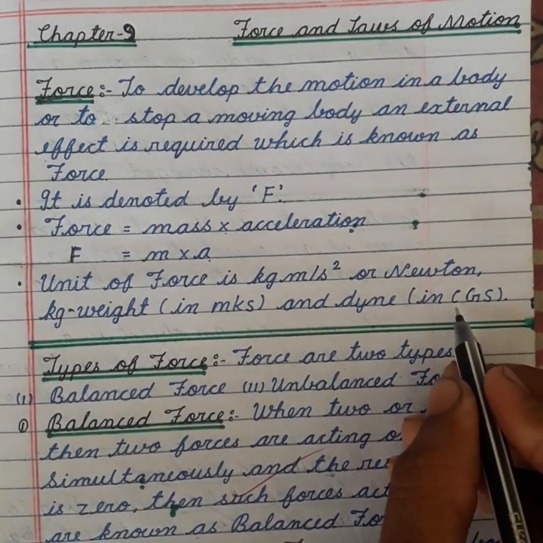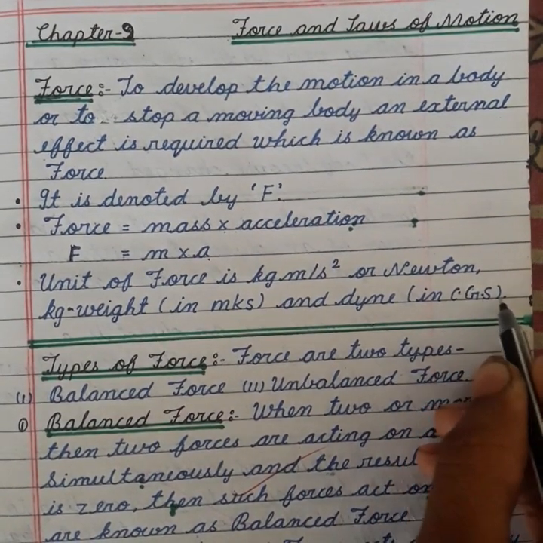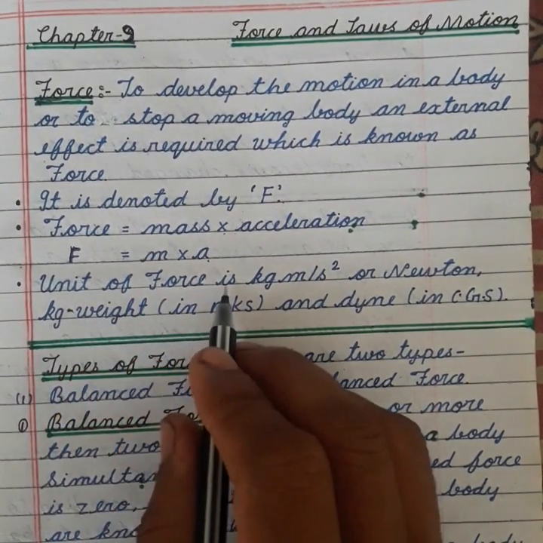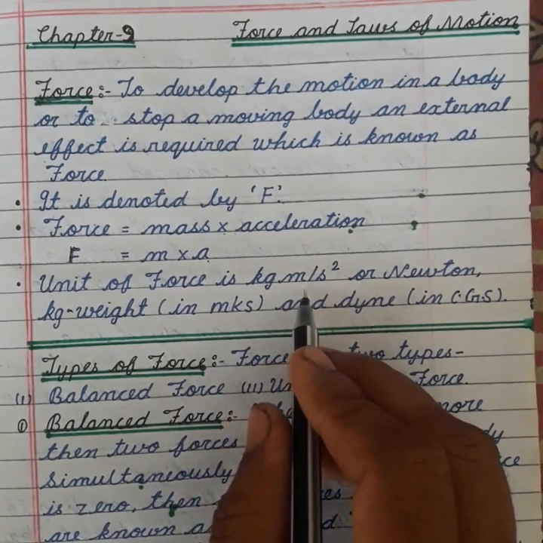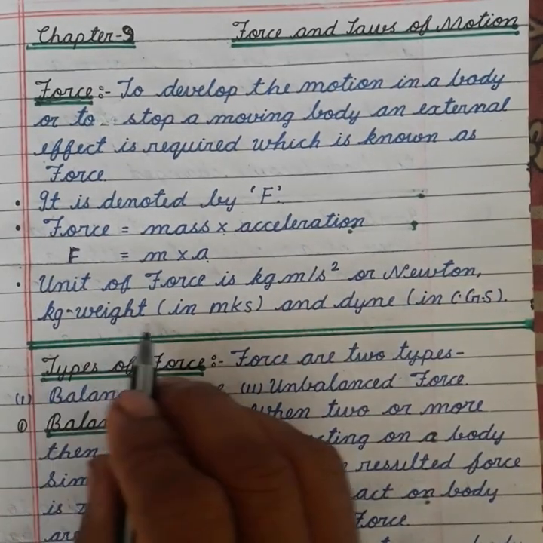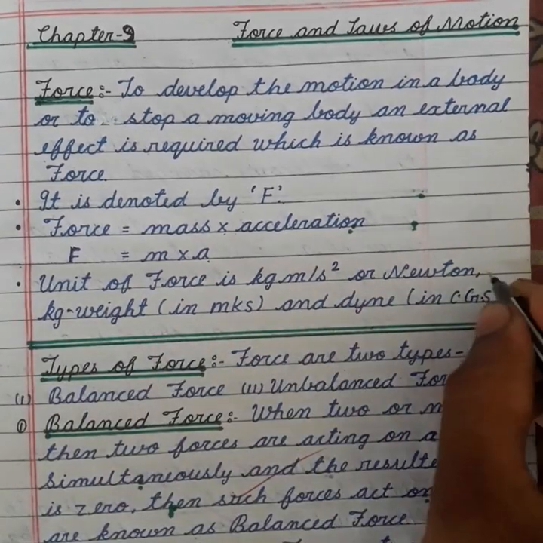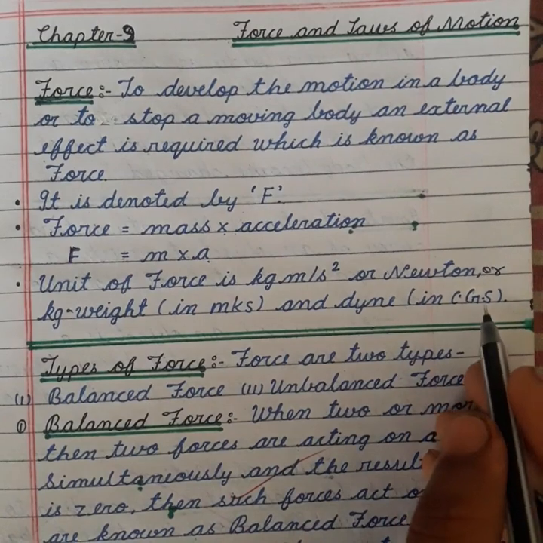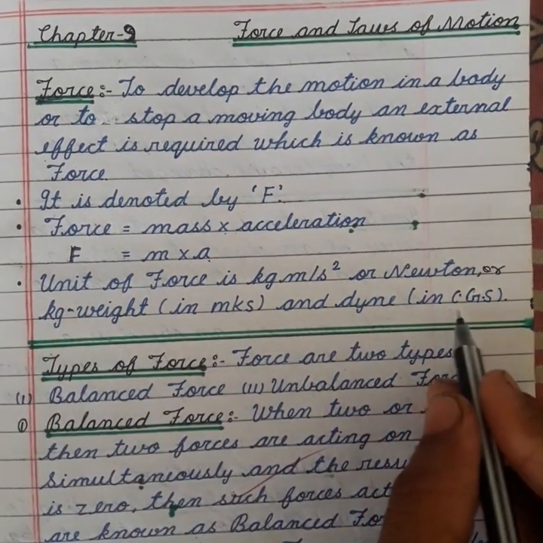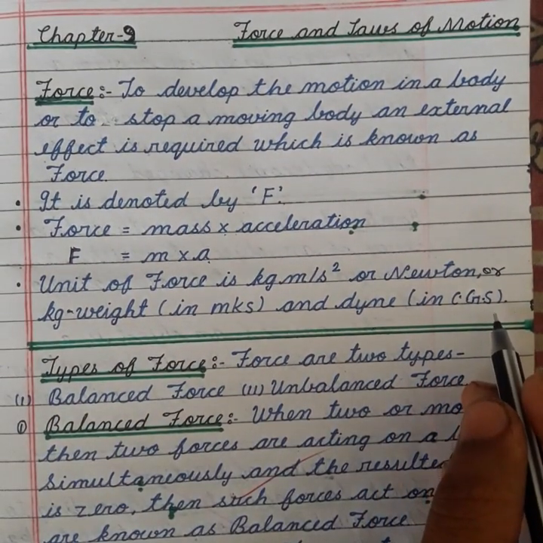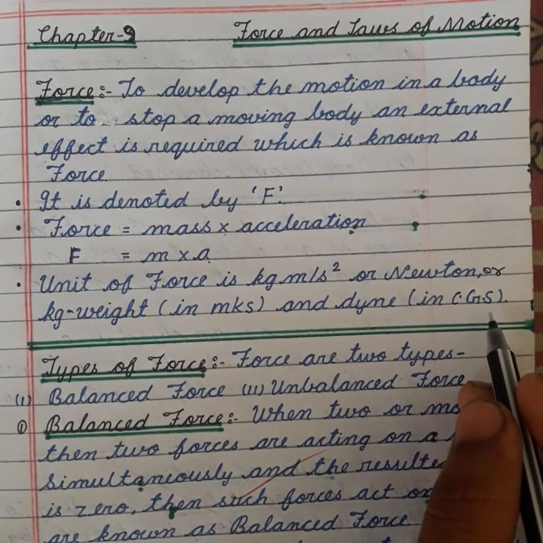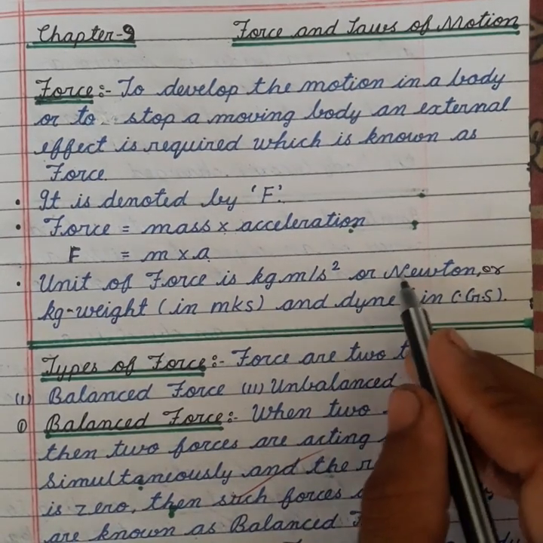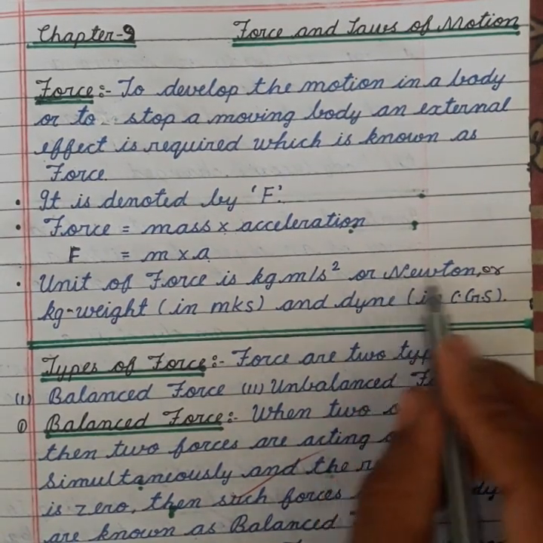CGS system means centimeter gram second system. Students, if anyone asks you to tell the unit of force, then you tell the unit of force is Newton, because the popular unit of force is Newton.